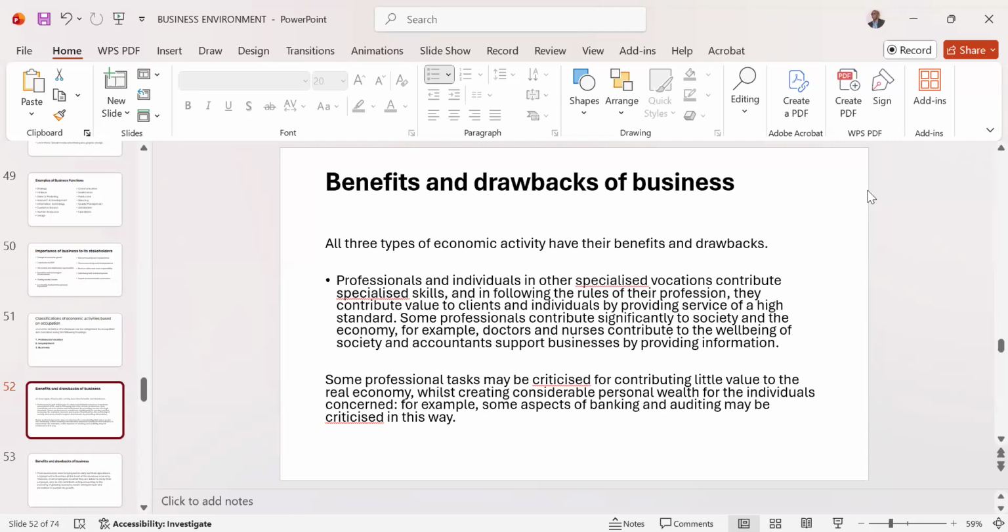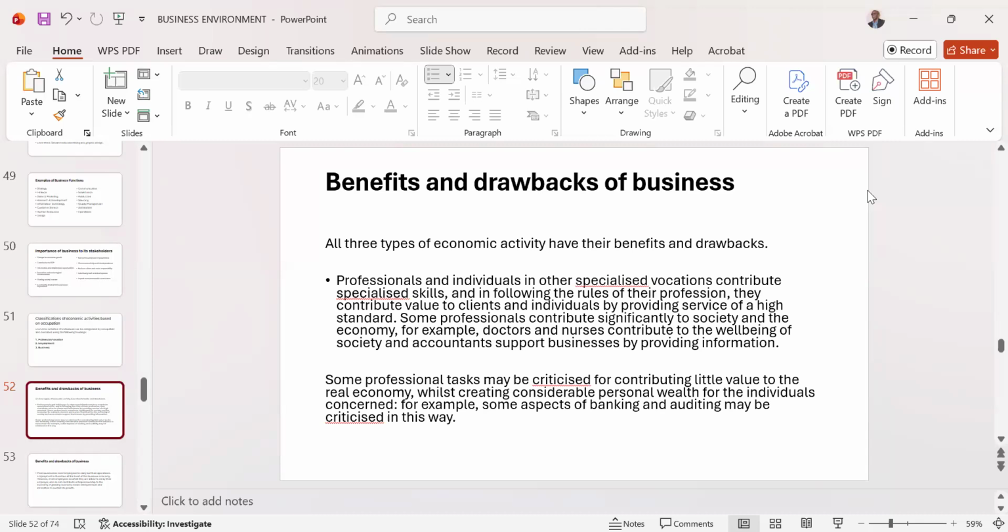And that is the benefit, because these professionals will make money and they will also contribute to society. You understand? Especially the economy of that particular state, community or nation as a whole. An example is if you have doctors and nurses in different communities, they can handle their situation easily.